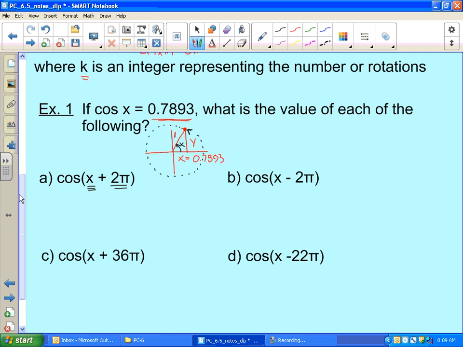So let's say if we did that, we'd have cosine of x, which we know is 0.7893. But we're taking that value of theta, or x in this case, and we're adding a 2 pi rotation. So we have now x plus 2 pi. And what would we get there? Well, if I end back up at the same exact spot, that must mean I have the same exact ratio, 0.7893.